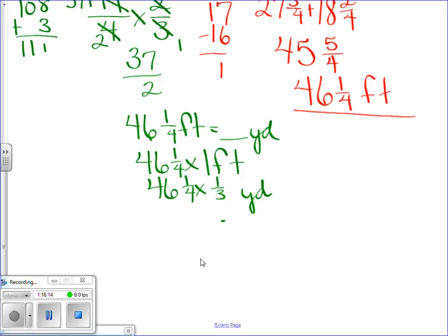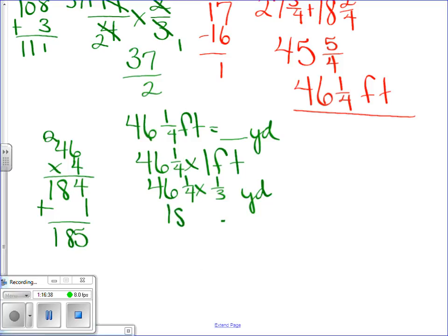So, 46 times 4. I'm going to try my divisibility rules and see if I can make that smaller.